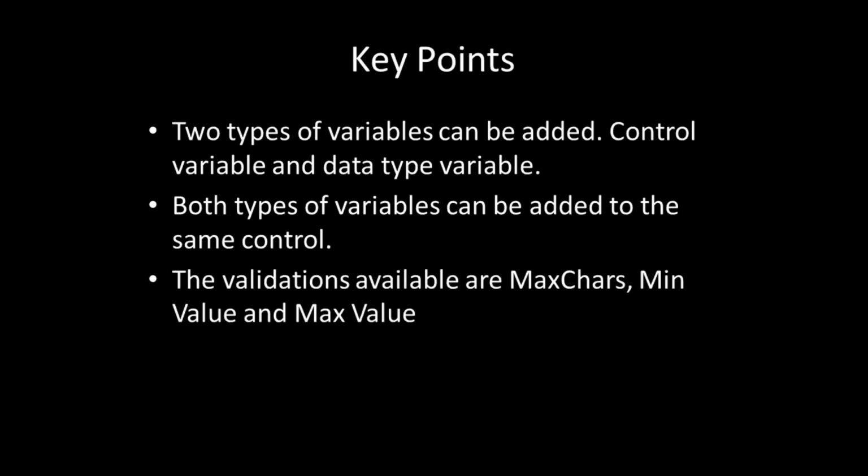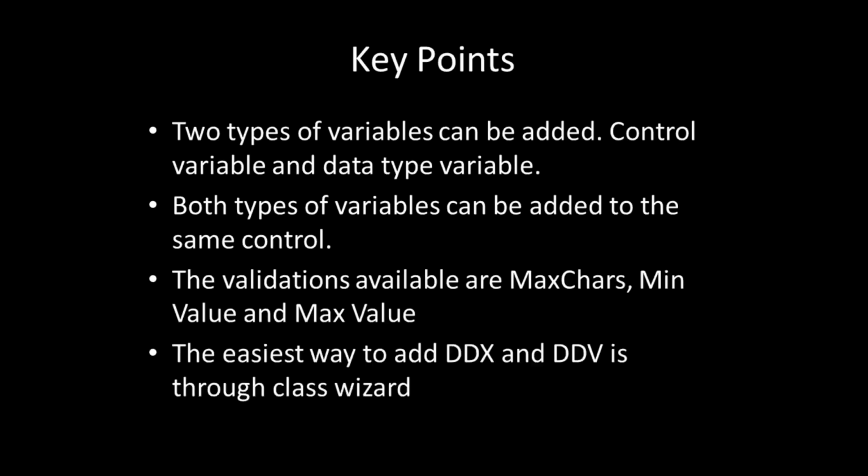The validations available are max chars, minimum value and maximum value. Max chars is applicable whenever your data type is CString, and minimum value and maximum value are available for almost all the data types like float, int, double, bool, etc., except the character related CString variable. For example, for age, the minimum has to be 0 and maximum can be 120, not more than 120.